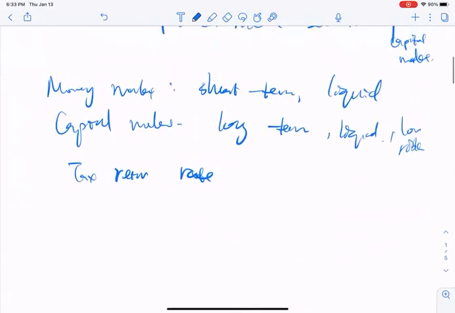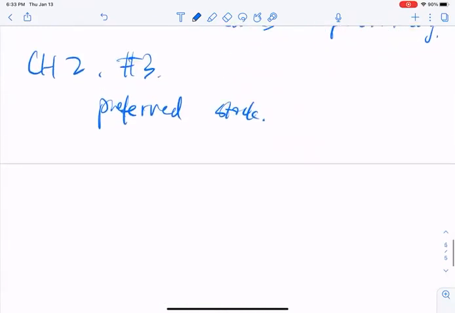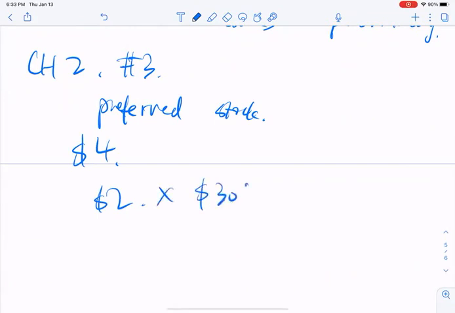So instead, if your dividend, for example, is $4, okay, half of the dividend should be excluded when you compute the taxable income. So the taxable income should only be $2. And then you multiply by the tax rate. For example, I think in the homework it's 30%, right? So that's 60 cents.